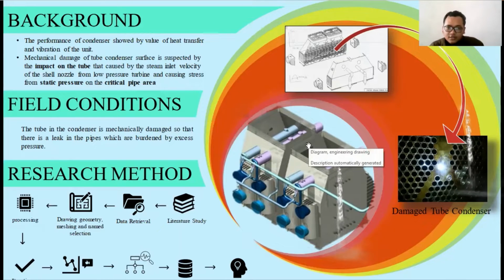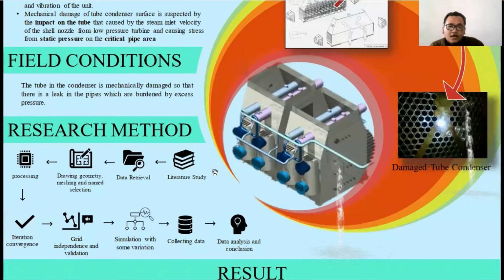How I discovered this is by using the computational fluid dynamics method. First I do a literature study, and second I retrieve data from a power plant. Then I draw the geometry, do the meshing and name selection: this is the inlet, this is the outlet, and so on.